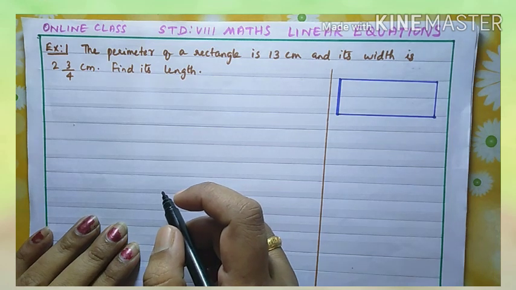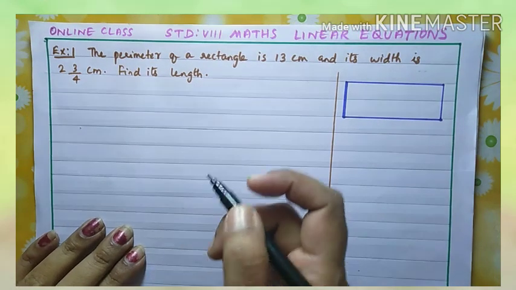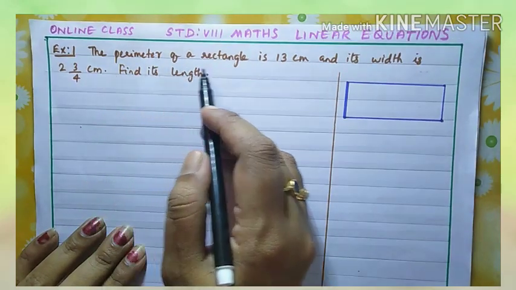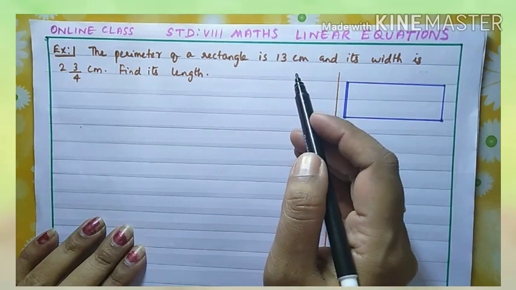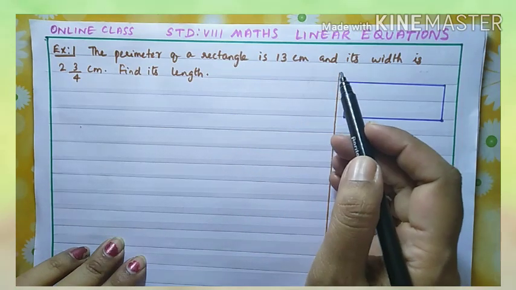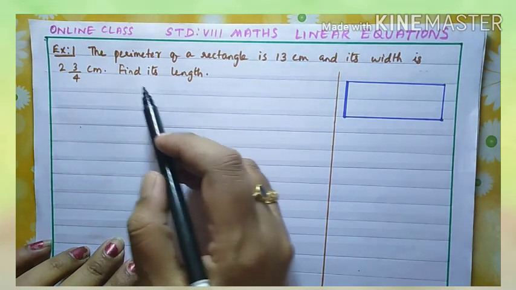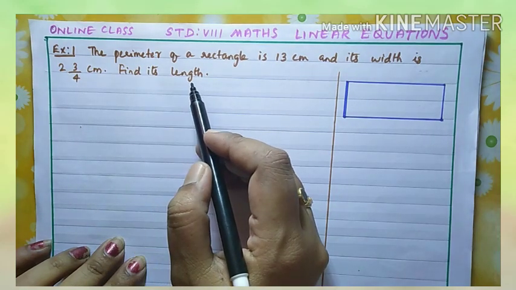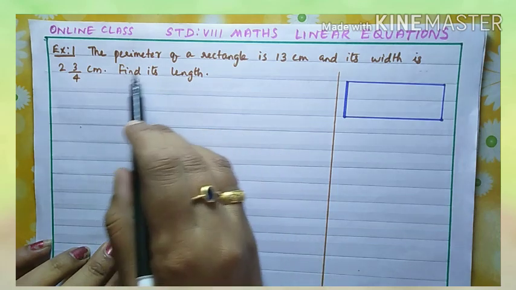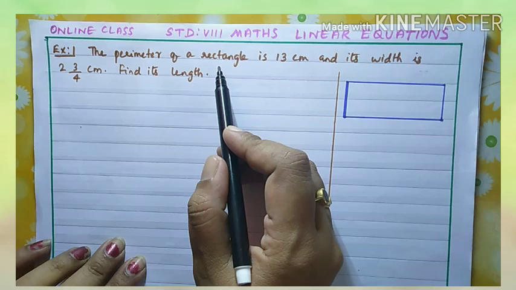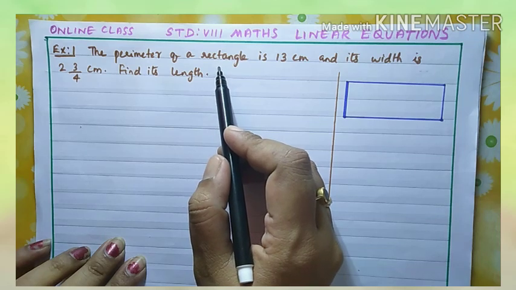Okay, so let us start our first problem. What is the first problem given? The perimeter of a rectangle is 13 centimeters and its width is 2 3/4 centimeters. Find its length. This is the statement given, and the shape mentioned here is a rectangle.